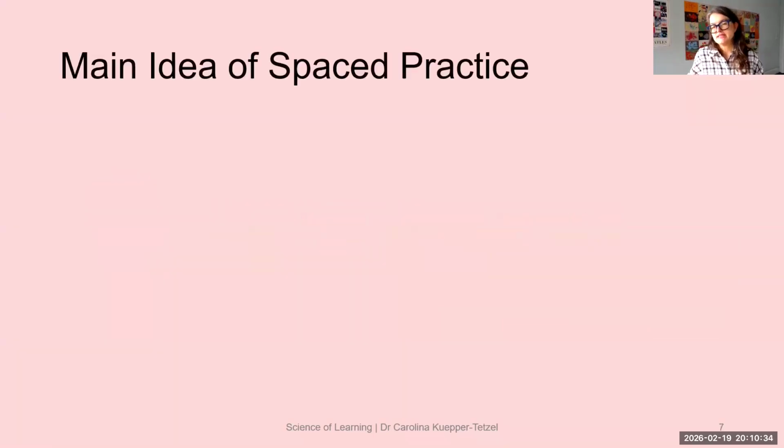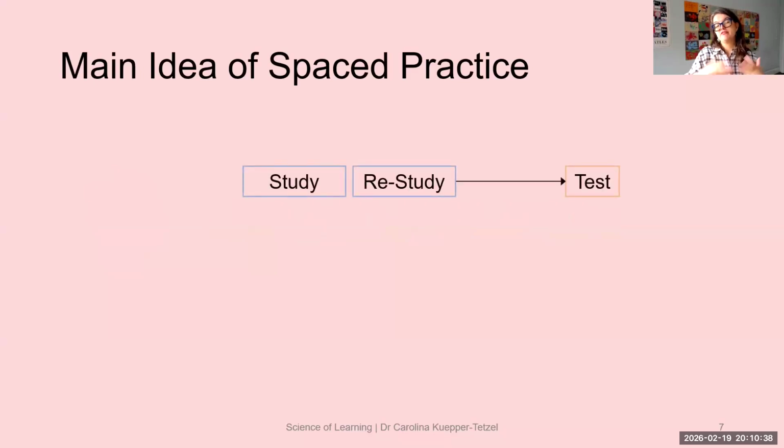So the main idea of spaced practice is that if you have multiple study sessions, let's say the most simple way, you have two study sessions. One session, let's say, where you introduce new grammar, and then a second session where you repeat that information, where you do a review of that material.